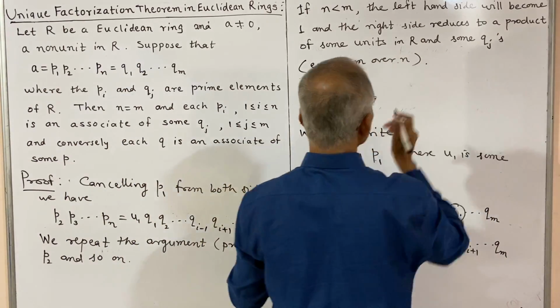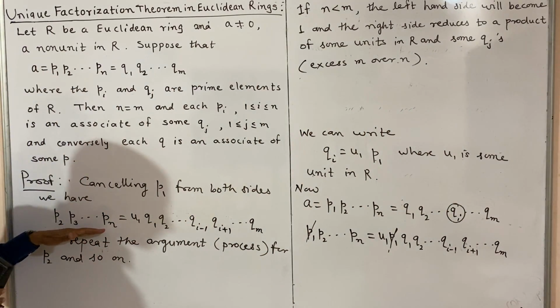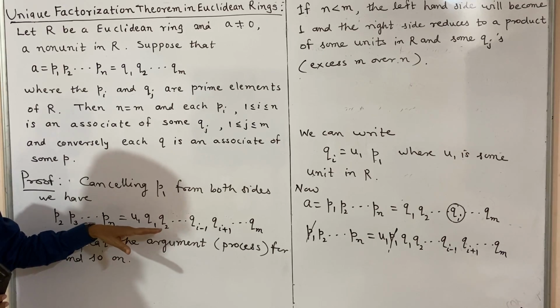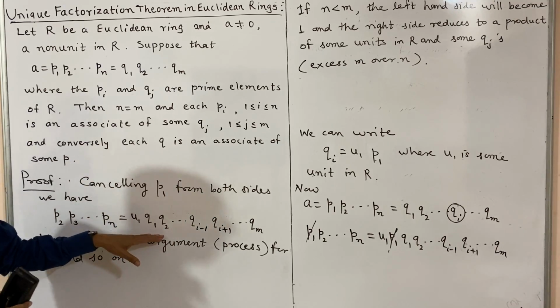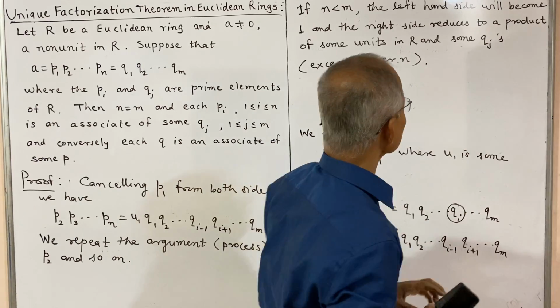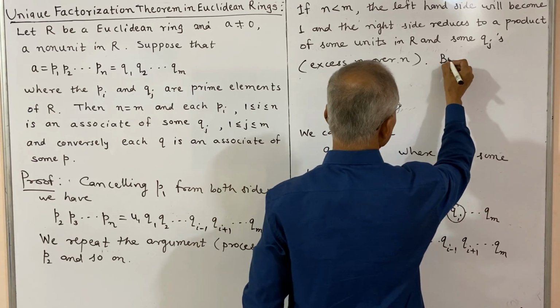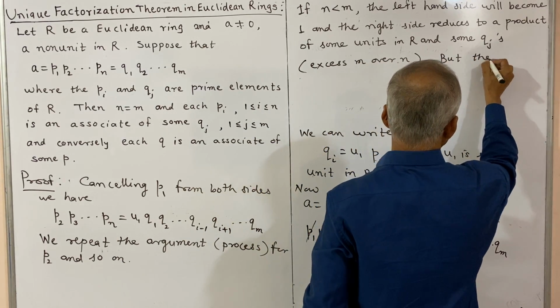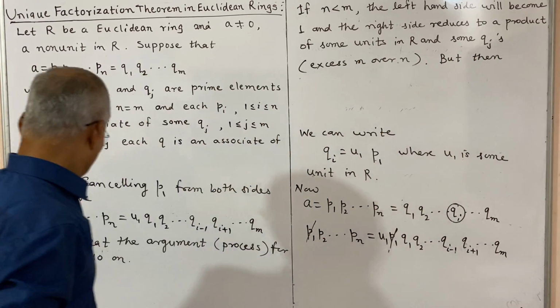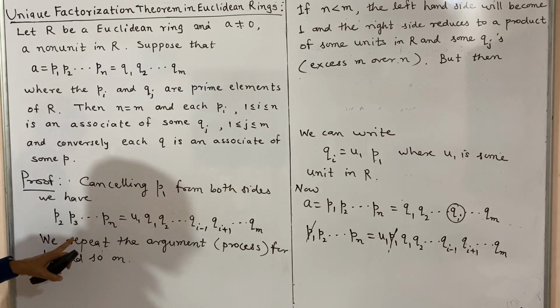But what will be this in this case? The left side is 1 and the right side is a product of some prime elements and some Qj's. But then the product of prime elements will be equal to 1.